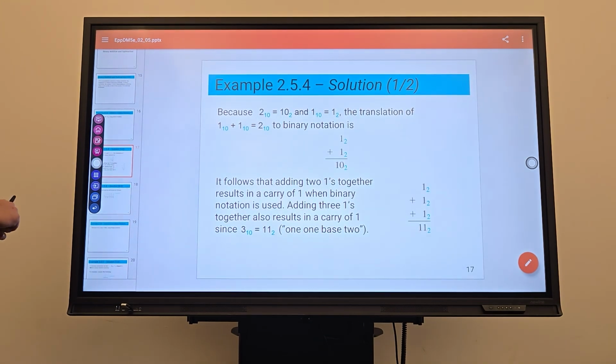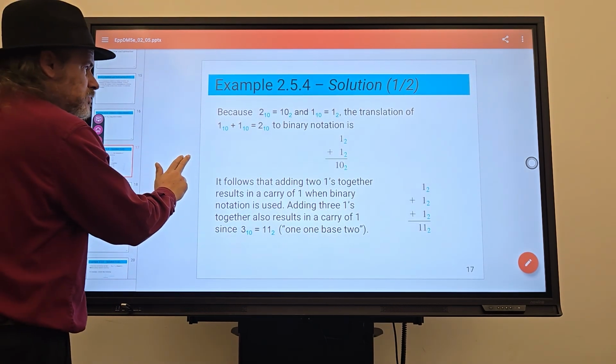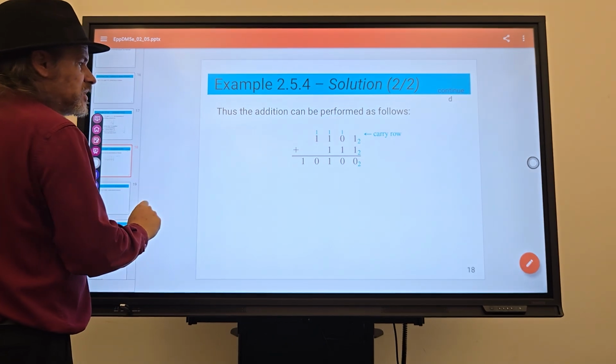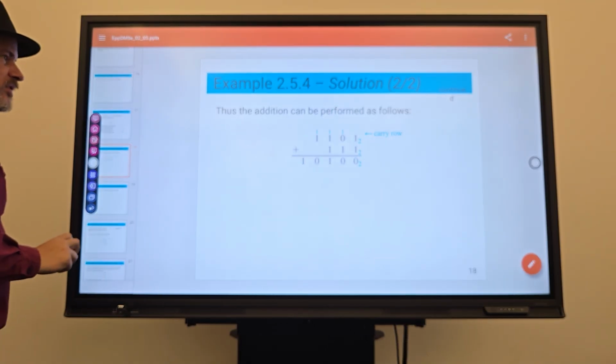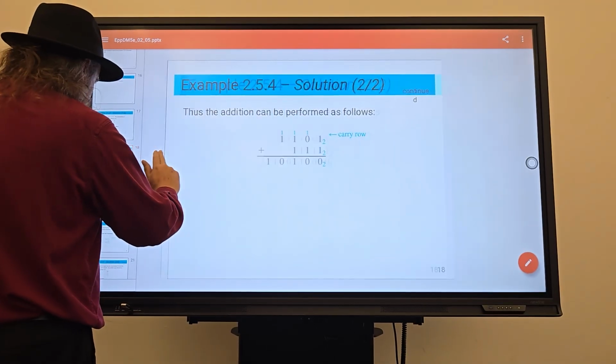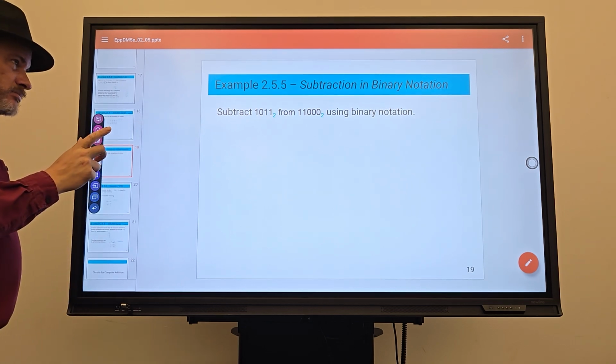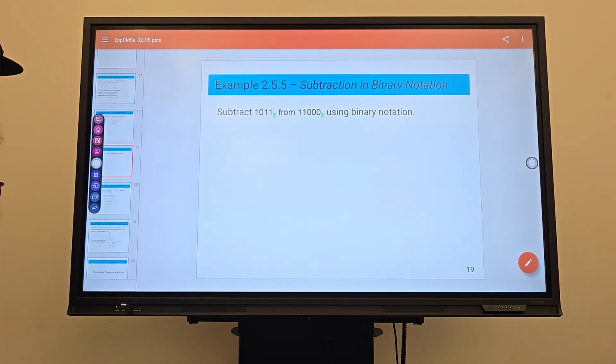And this goes through the step-by-step of that and gets that result. Now, subtracting is a little different with binary. They show it the way you would do it by hand in decimal, where you borrow from the previous column and all that sort of stuff.